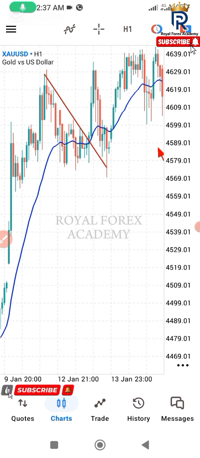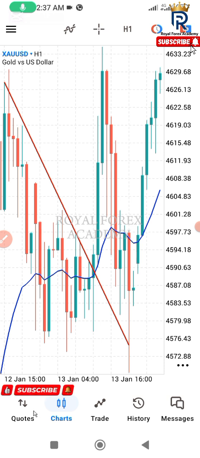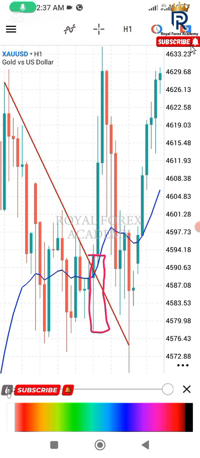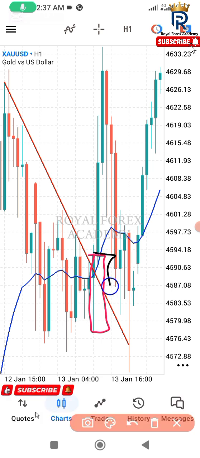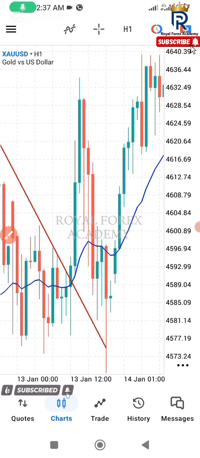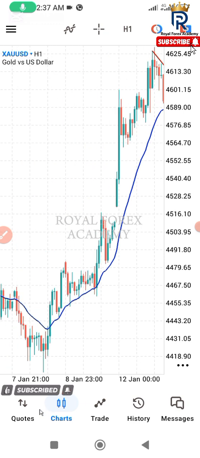Now what do you see? We have this pin bar here. Can you see that? This bullish pin bar. That would have been our buy entry. So we bought here, and then you can see the movement of that price to the upside. Very simple and straightforward.